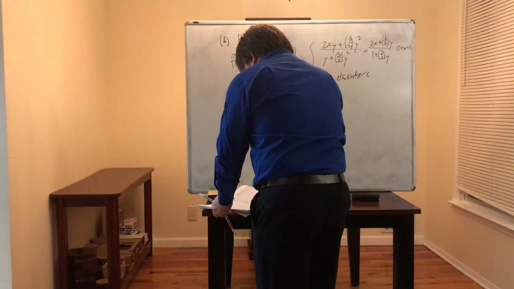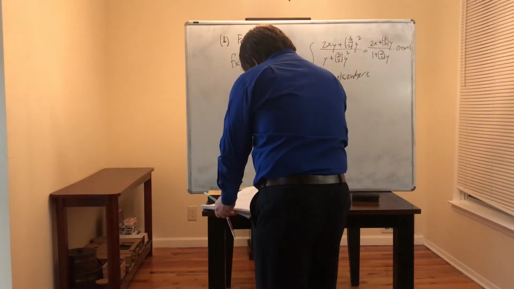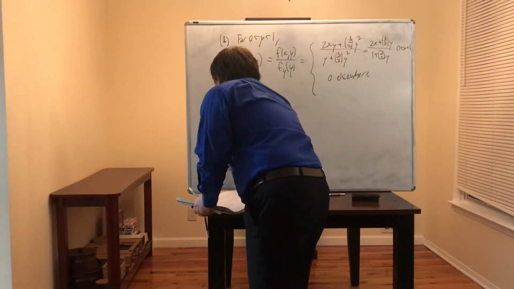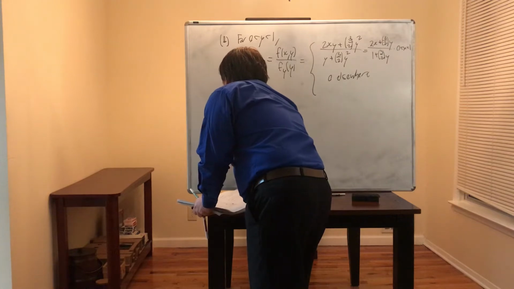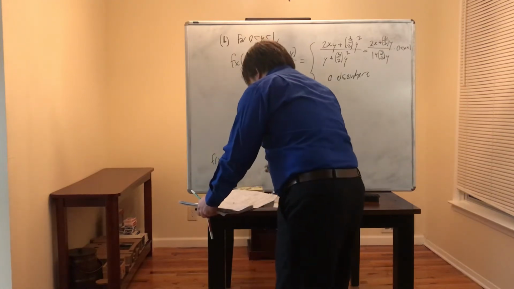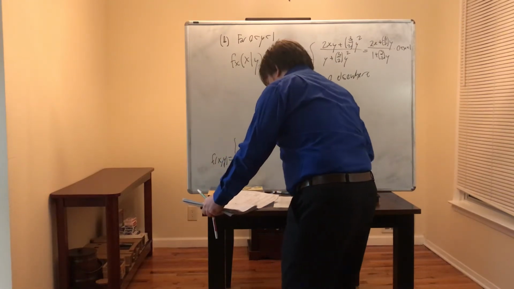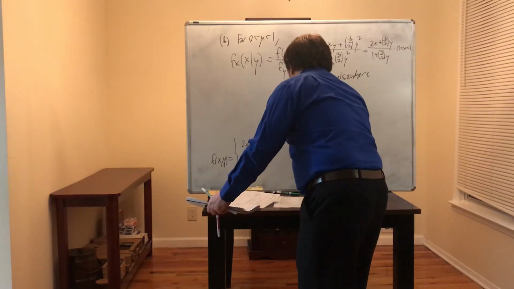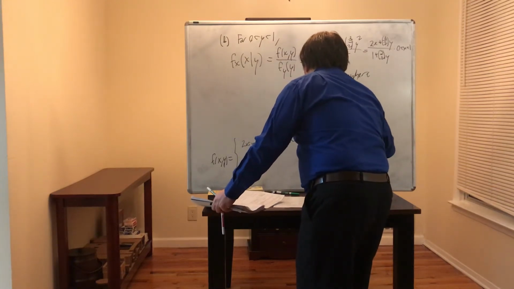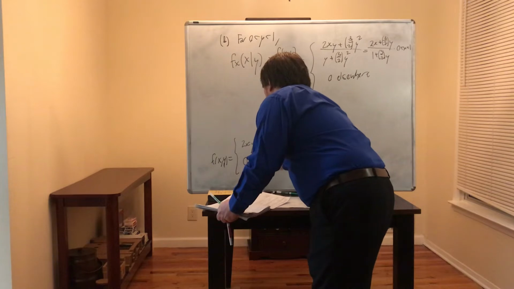So I'm going to have to rewrite what I wrote here so you can see what I'm doing. In example 7.8, f of x comma y is 2xy plus 3/2 y squared, such that 0 is less than x less than 1 and 0 less than y less than 1, and it's 0 elsewhere.